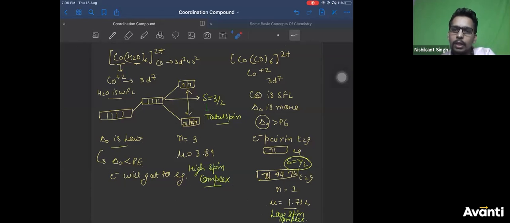Just let me check it. When there is back pairing of electron, why does electron go to 3D? Acha, got it. Pradesh, I'll answer it tomorrow.